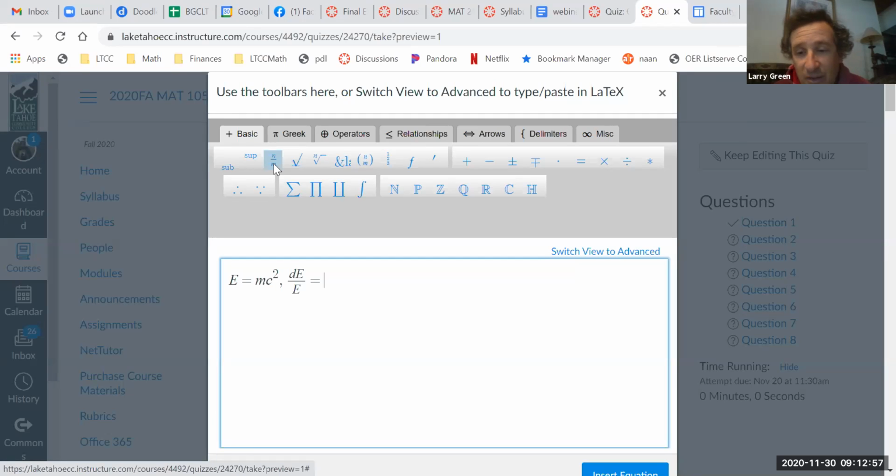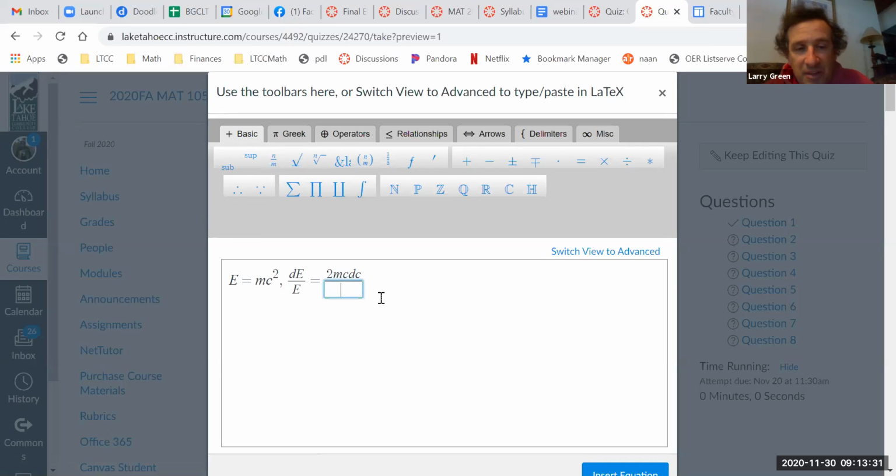If E is mc squared and c is our variable, then what is dE? It's not a trick question. It's very simple. It's to take the derivative of E with respect to c. So that's going to be 2mc. But then there's a little bit more because it's dE, not dE over dc. So it's 2mc dc.